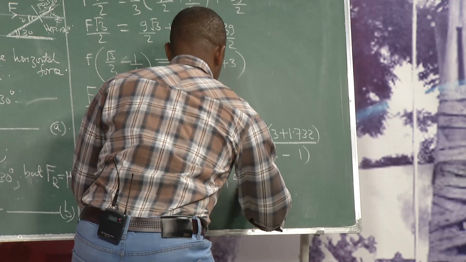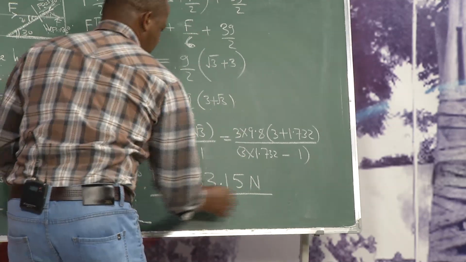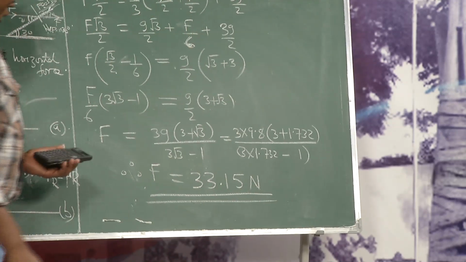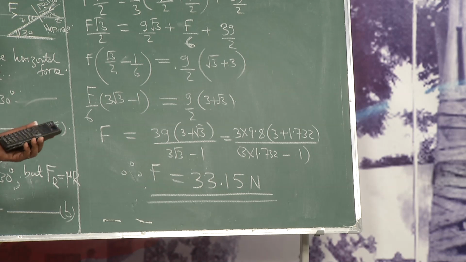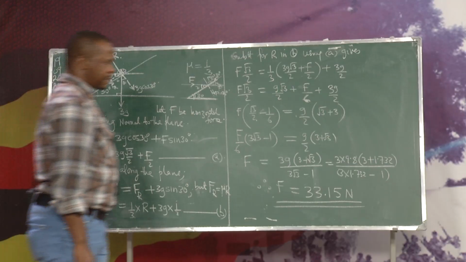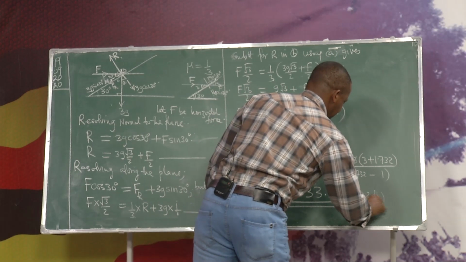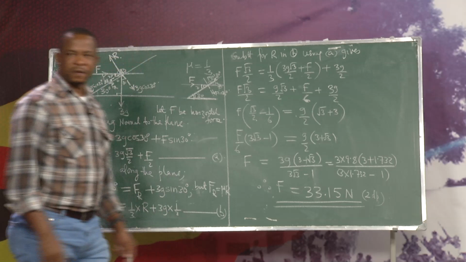They did not specify the number of decimal places. We can approximate it to 33.15 newtons to 2 decimal places. The degree of accuracy is 2 dp.